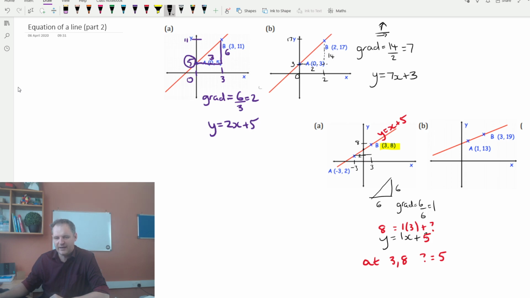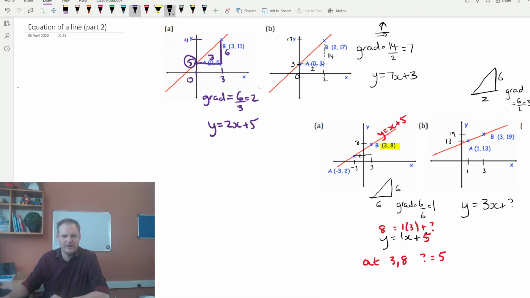Okay, here I've got 2 points. It goes from 1 to 3 and it goes from 13 up to 19. So here's the triangle, 2 by 6. So the gradient is 6 over 2, which is 3. So we know y equals 3x plus question mark. Again, we are going to use a point that we know.